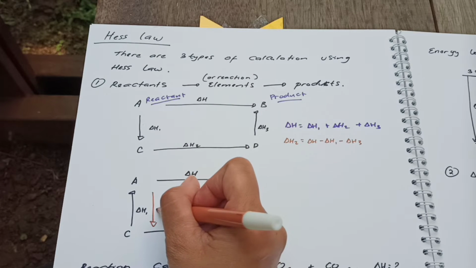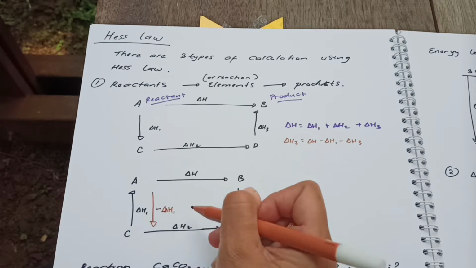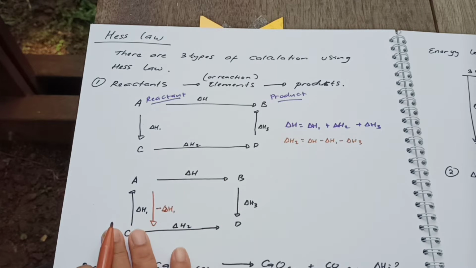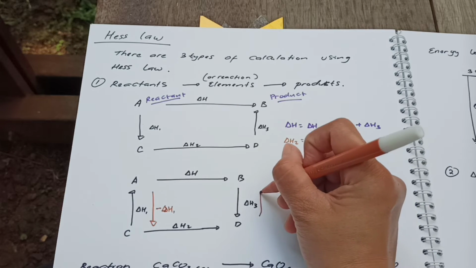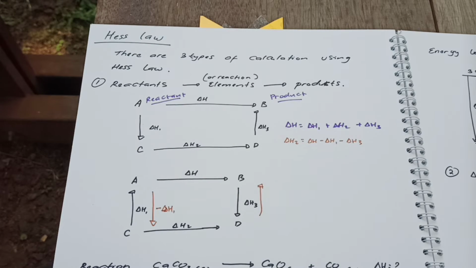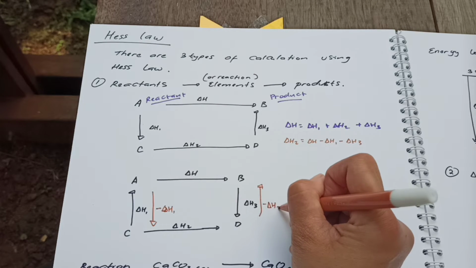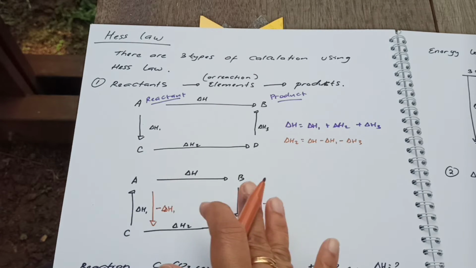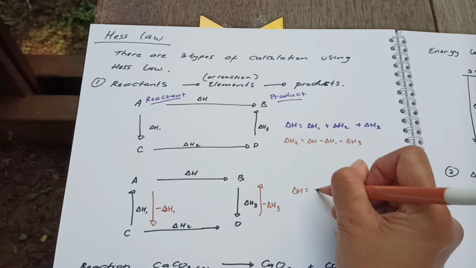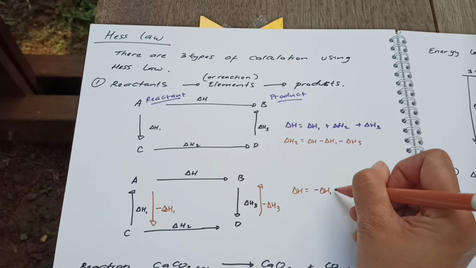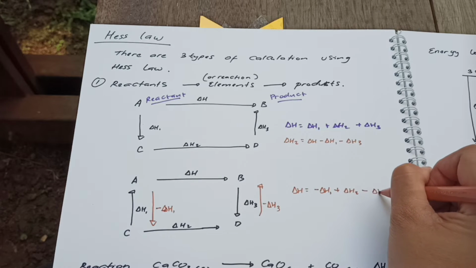So now it becomes minus delta H1, because I assume this is going to be plus. Then this one is also the wrong arrow, so you need to make it the correct arrow. So this will be minus delta H3. So to find delta H, you will have minus delta H1 plus delta H2 and minus delta H3.